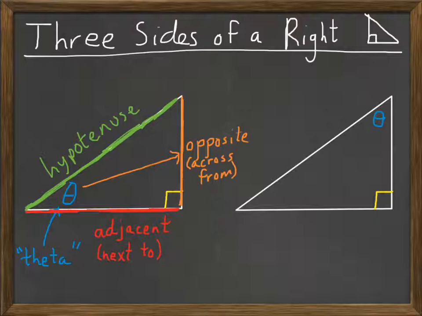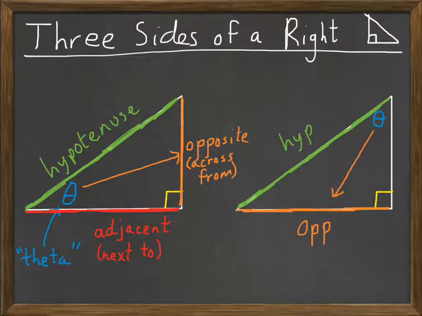So if my angle theta is up there, well, the hypotenuse is still the hypotenuse, and I'll just abbreviate it HYP. Alright, but the other two sides change. Now the bottom side is opposite from my angle theta, and the adjacent is the vertical leg. So make sure you pay attention to where the angle is located.